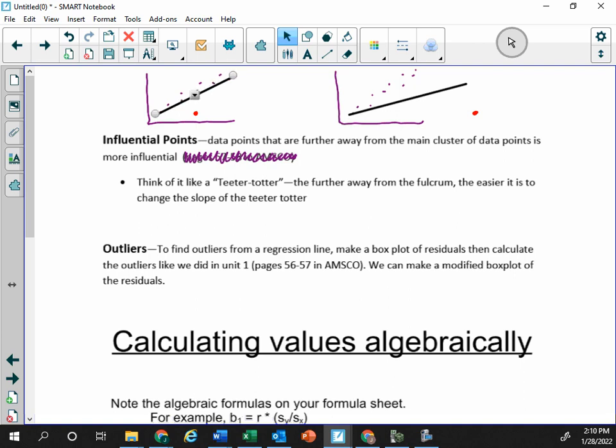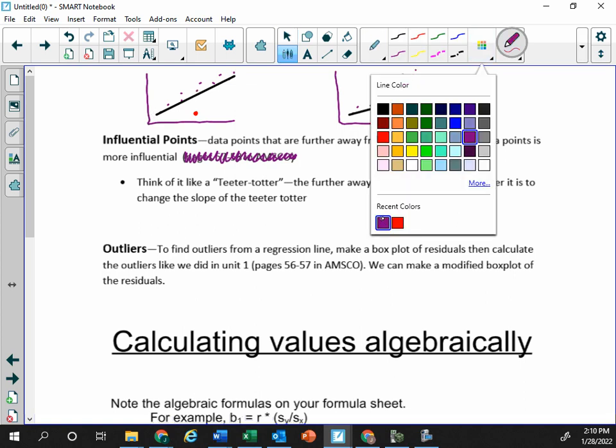It might adjust it, but it's not going to dramatically change what your regression line looks like. Does that make sense to you guys? So it's got to be far out on the x-axis to be considered an influential point. So we're talking about influencing your regression line. Influencing means change the slope.